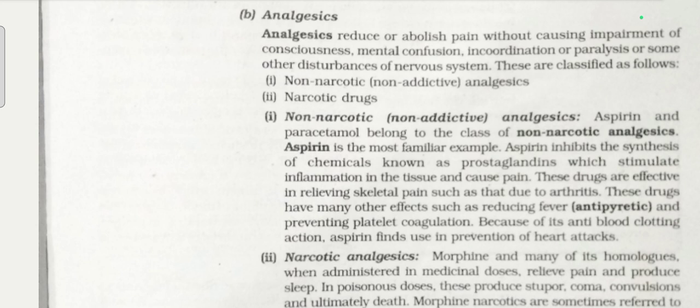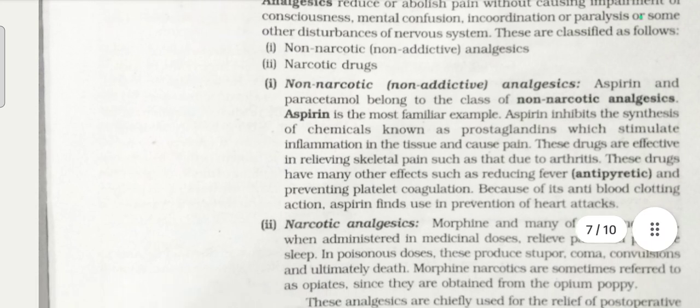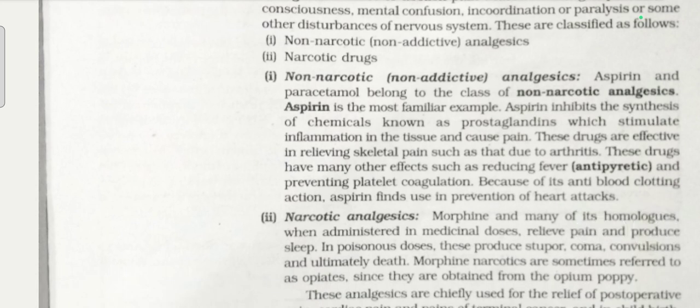These drugs are effective in relieving skeletal pain, such as that due to arthritis. These drugs have many other effects, such as reducing fever (antipyretic) and preventing platelet coagulation because of its anti-blood-clotting action. Aspirin finds use in prevention of heart attacks.